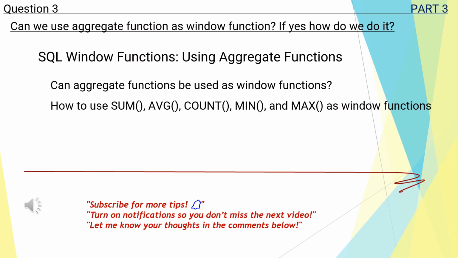Welcome to this session on SQL window functions. In this section, we will explore how aggregate functions like sum, average, count, min, and max can be used as window functions to perform calculations without collapsing rows. Let us get started.